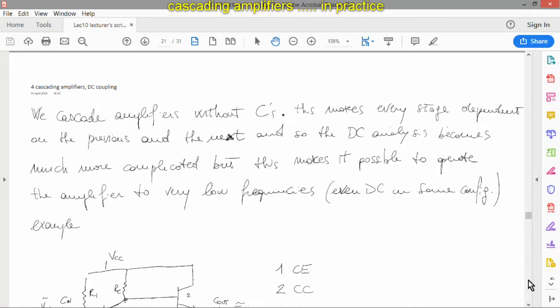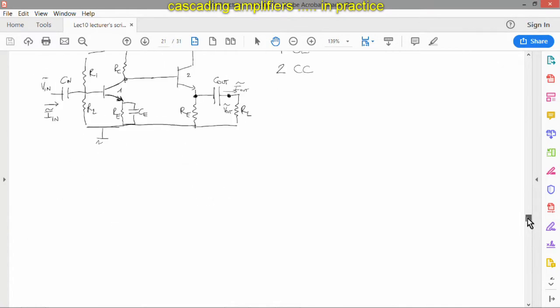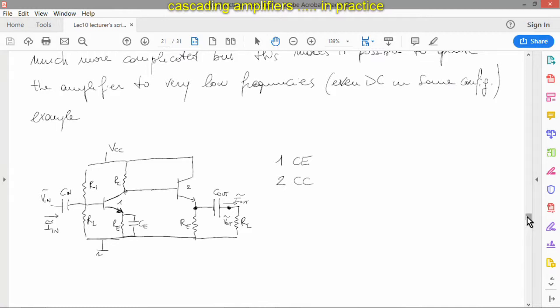Obviously, removing the capacitor means that each stage will now interact with the other one. This is an example of a DC coupled amplifier. As you can see, this is our standard common emitter voltage divider configuration, but it's coupled with the second stage that is a common collector. And they are coupled in DC mode as well. So when you do the DC analysis of this circuit, you need to analyze the entire circuit.